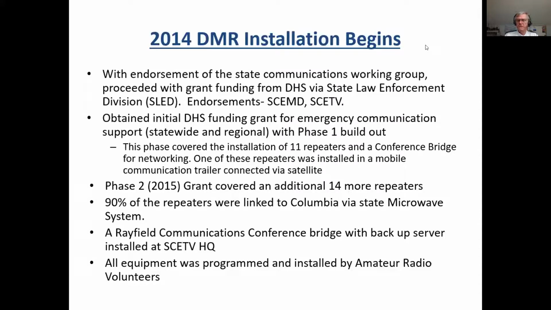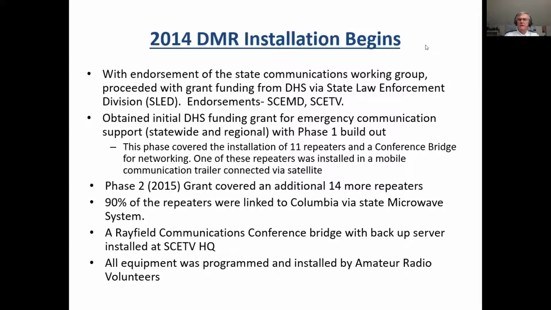Once again, we used the model that was done on the analog system. ETV would own the equipment and it would be operated under SC Heart. We obtained the initial DHS funding for the phase 1 build out, for 11 repeaters and the conference bridge. That happened in 2014. This is how fast this thing got put together.